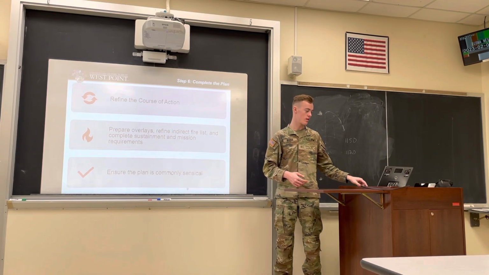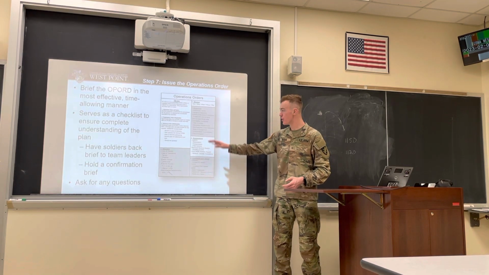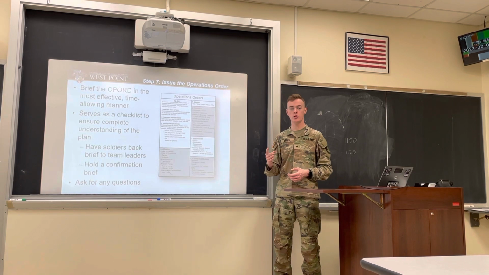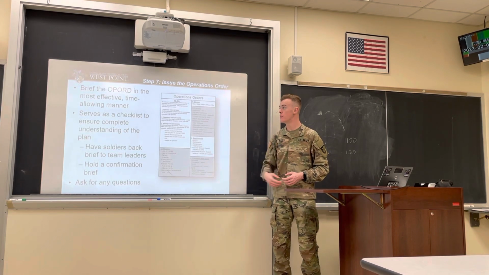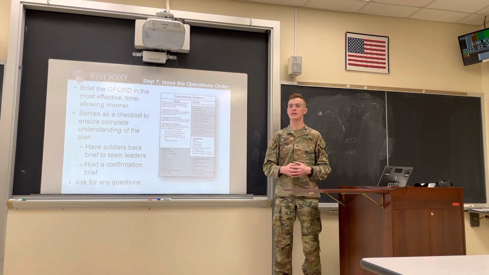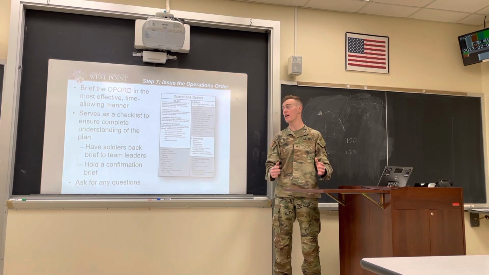Step 7. The squad leader is going to issue the operations order. An operations order follows a 5-paragraph format, as was indicated earlier. Situation, mission, execution, sustainment, command and control. They're going to brief the op ord in the most effective time-allowing manner. This can be verbally, this can be in any way that they need to do it with the time available.